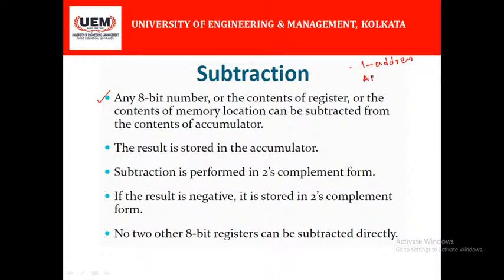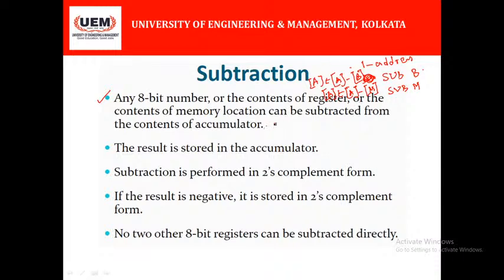Because the instructions are, say, SUB B, say, SUB M. In the case of SUB B, we are subtracting the content of the B register from the accumulator, and in the case of SUB M, we are subtracting the value of the M memory location from the accumulator, and the result is stored in A.